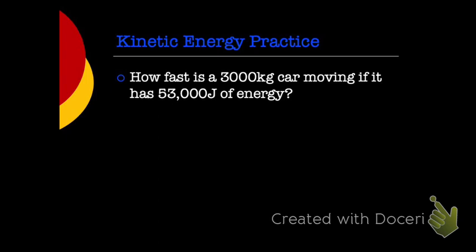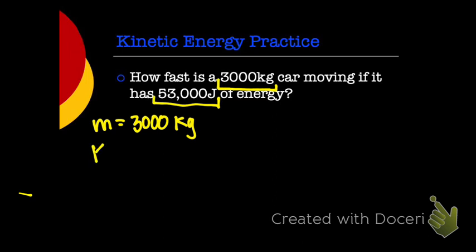So let's pick out our variables again, okay? 3,000 kilograms has to be mass. 53,000 joules has to be kinetic energy. And it says, how fast am I moving? So I have to be solving for velocity.